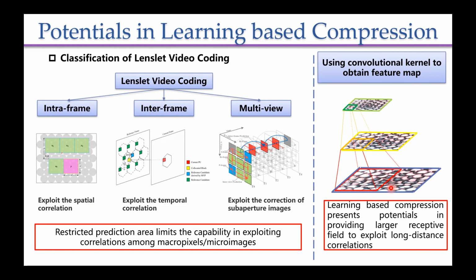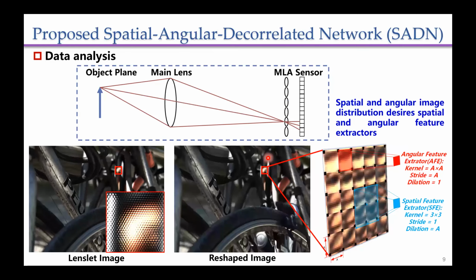So this is why we started to focus on the end-to-end architecture, to see whether we can use that. For the first step, we start working on it using the Plenoptic 1.0 image. So we analyze the image architecture.